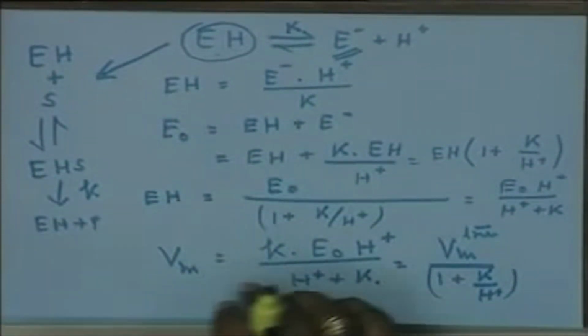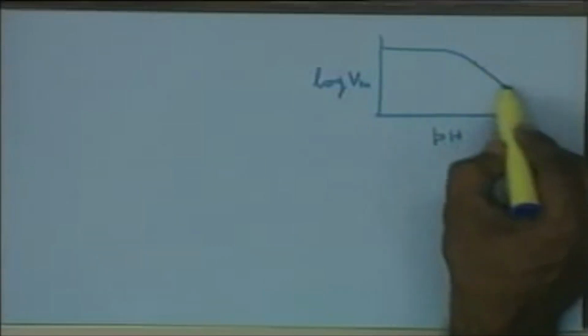Of course, in such a case, if you plot the profile of pH, which is the negative logarithm of the hydrogen ion concentration, with log of Vm, you end up with a profile like this.